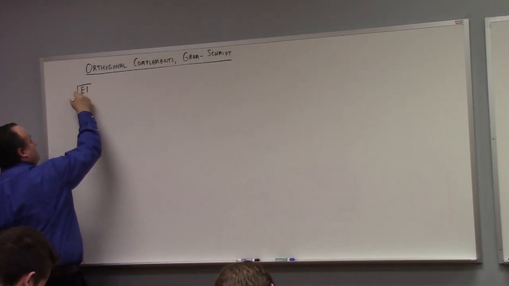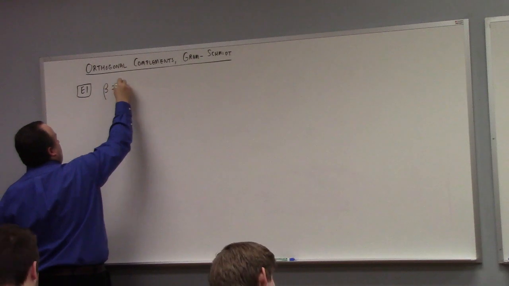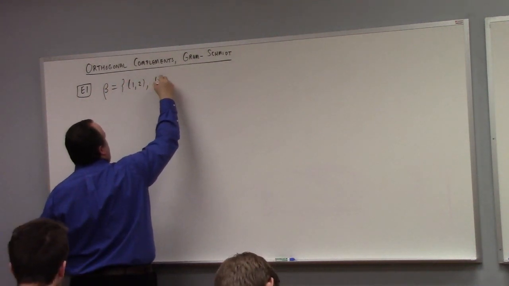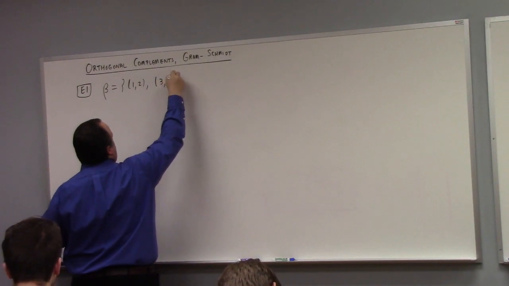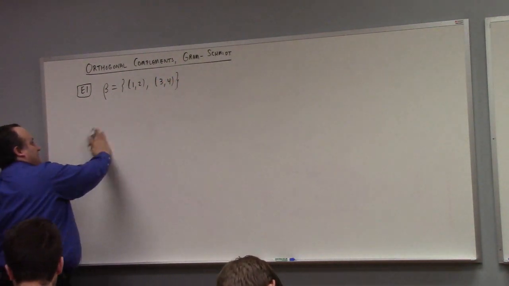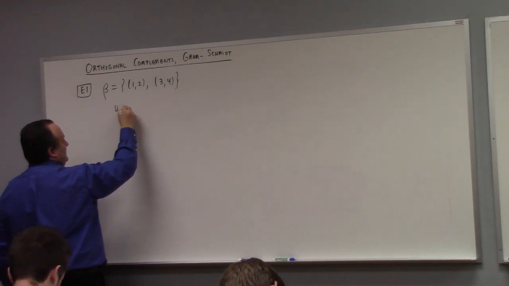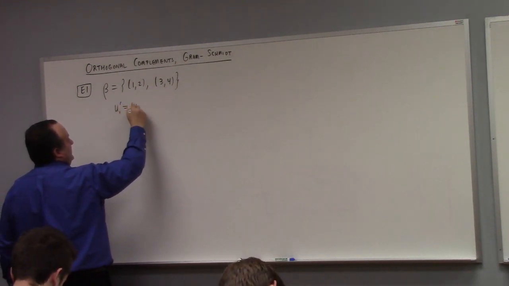Example 1. So let's suppose we're starting with 1, 2, and let's do 3, 4. That's my favorite, isn't it? So let's orthonormalize this thing. I'm going to do the normalization last, all right? So u1 prime is just going to be 1, 2.